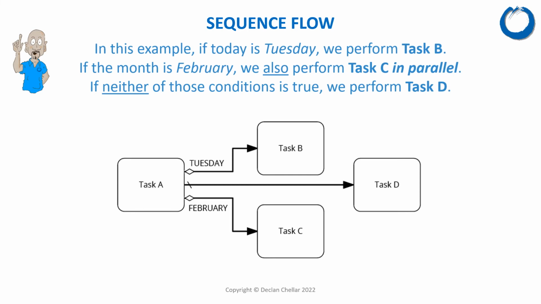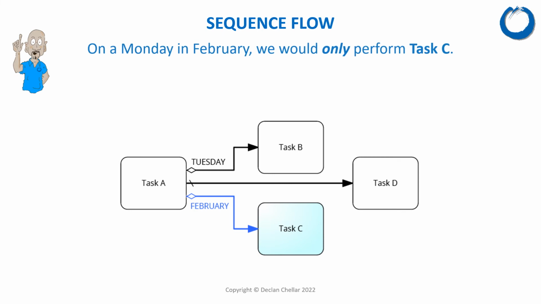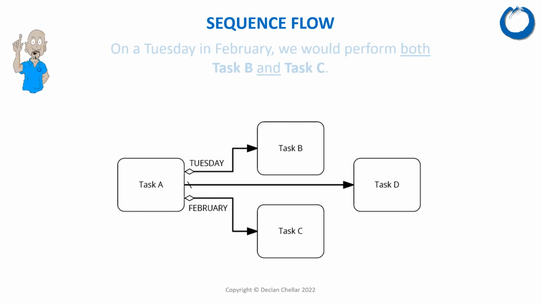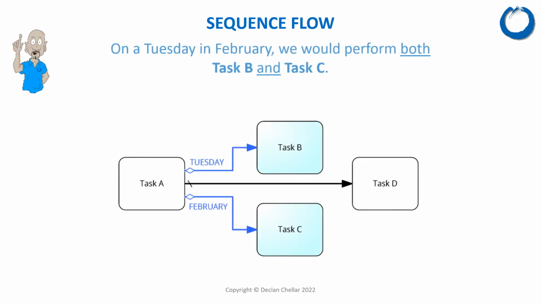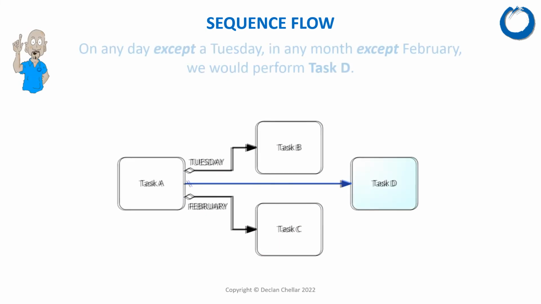If neither of those conditions is true, we perform task D. So, on a Tuesday in June, we would only perform task B. On a Monday in February, we would only perform task C. On a Tuesday in February, we would perform both task B and task C. On any day except a Tuesday, in any month except February, we would perform task D.